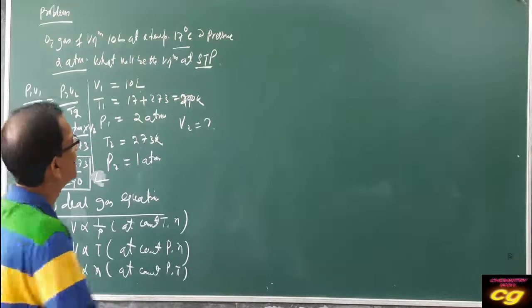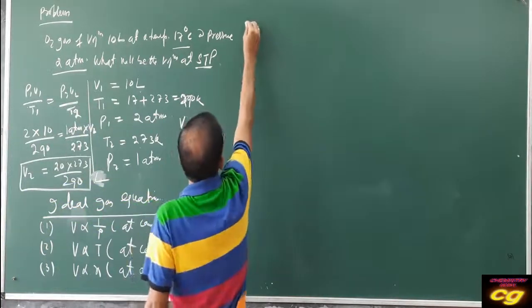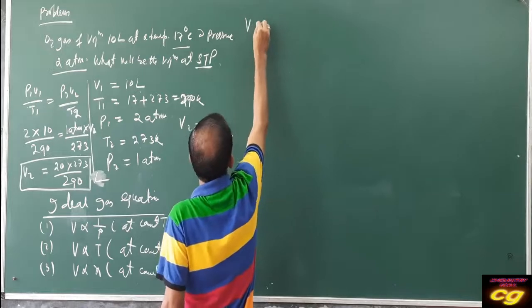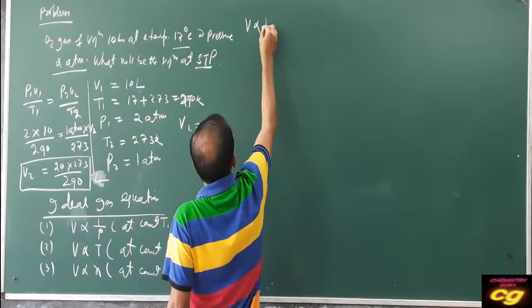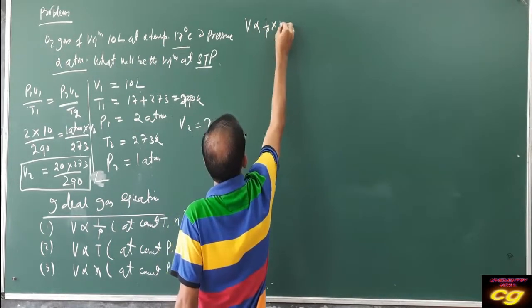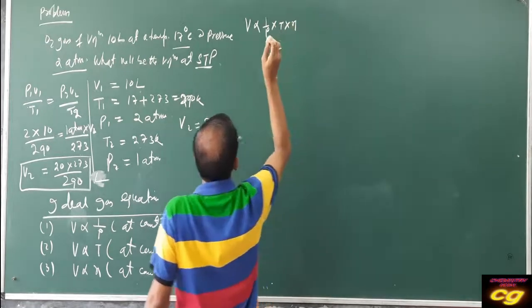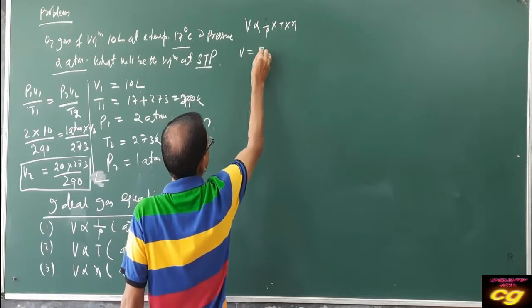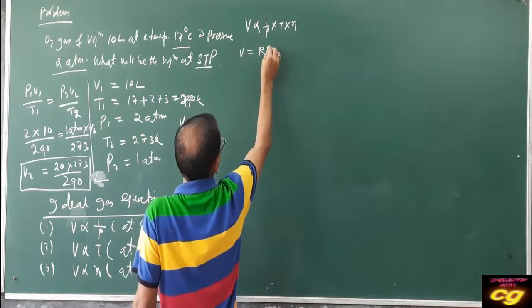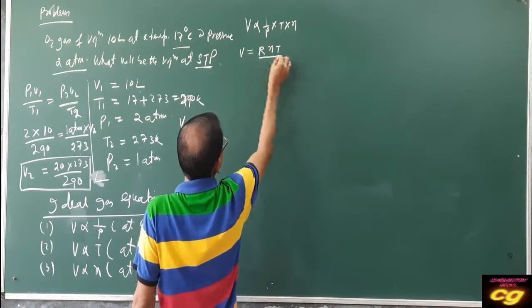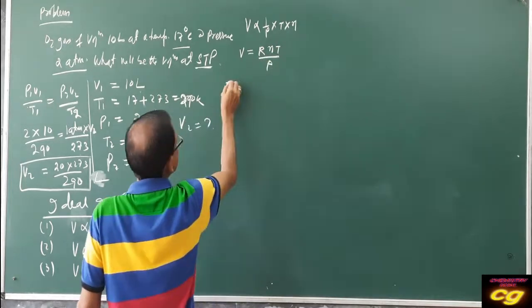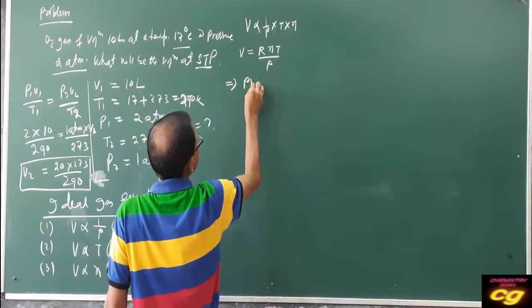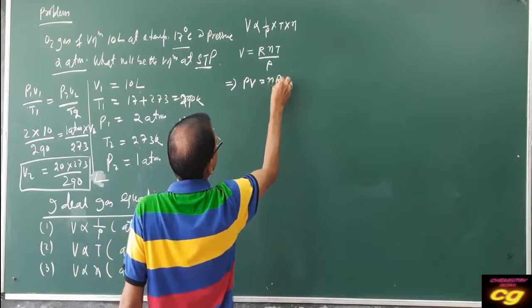If you combine them, as I have already told you, then V is proportional to 1 by P into T into n. Then the proportionality becomes equal with some constant R, V equals nRT by P. If you arrange this, you get PV is equal to nRT.